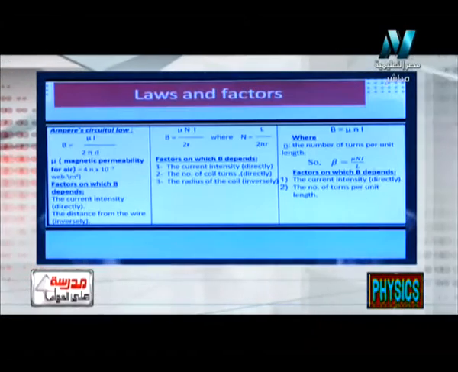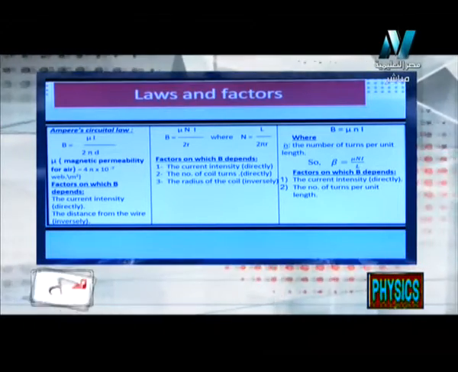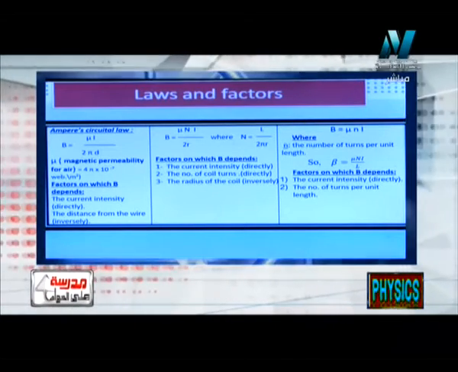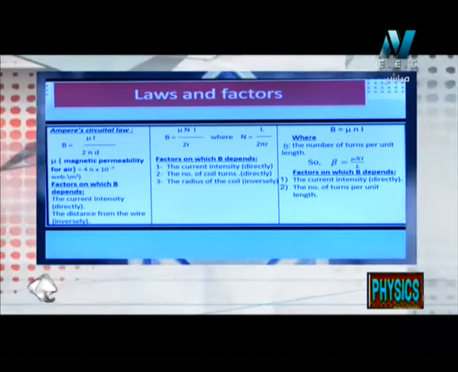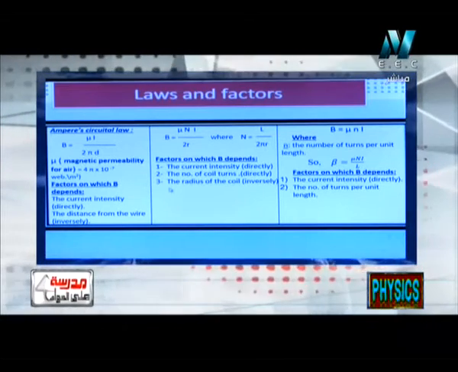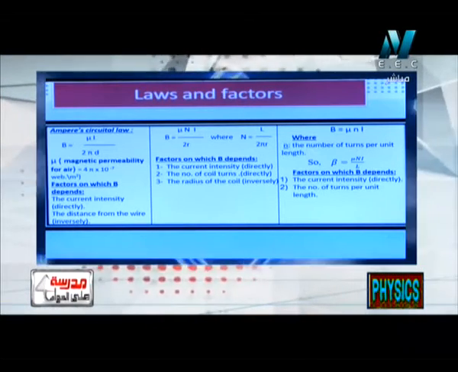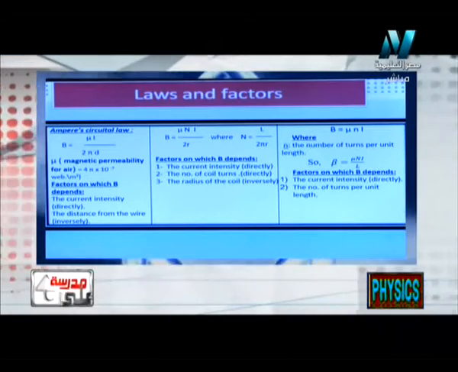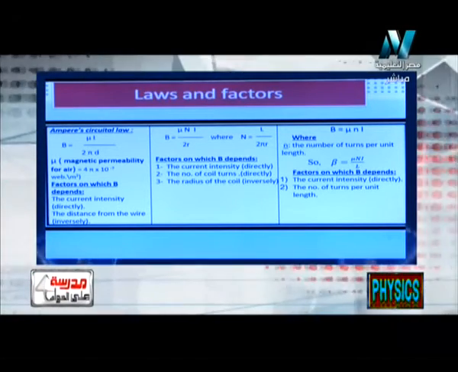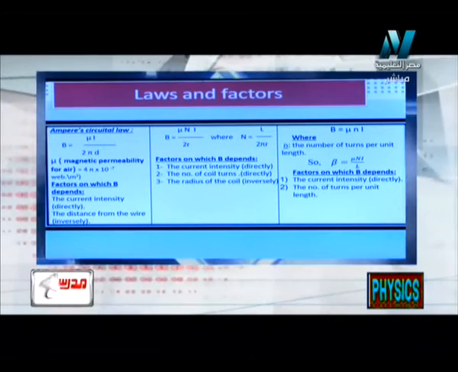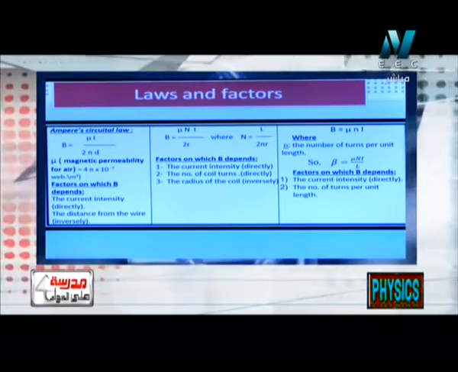The next part is laws and factors. What about laws and factors here? Of course, as we said in our previous episode, in physics it is very easy to deal with factors because most of the factors can be concluded from the rule.